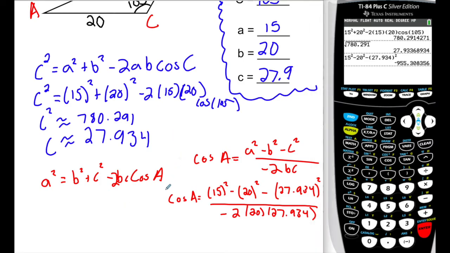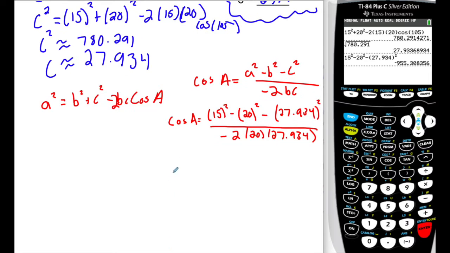Okay? So cosine of A is approximately, the top is 955.308. Let me do the bottom.